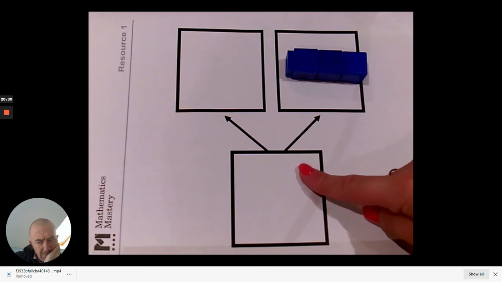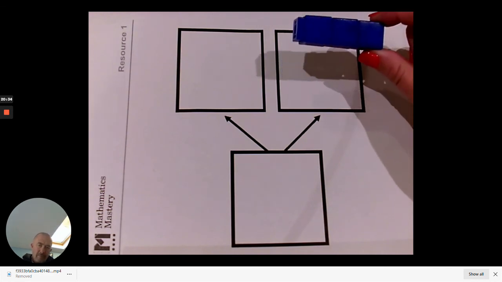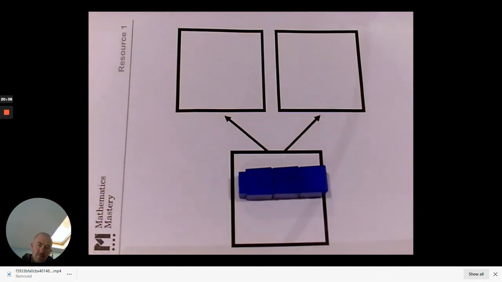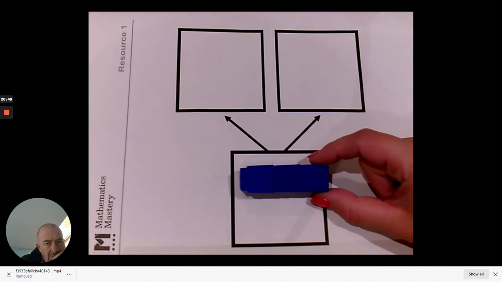So what I need to do is take my parts and add them together. So 3 plus 0 is equal to, that's right, it's equal to 3. Because when I add 0 to a number, my number will stay the same.